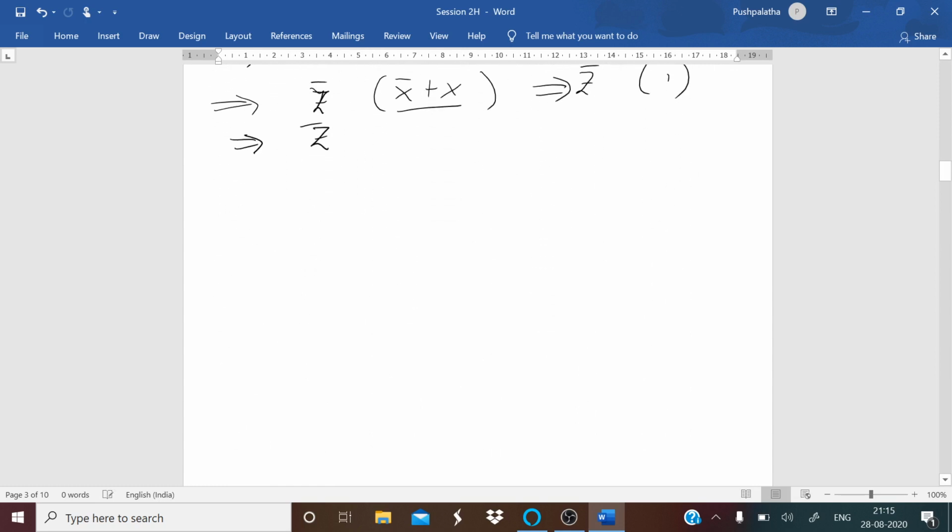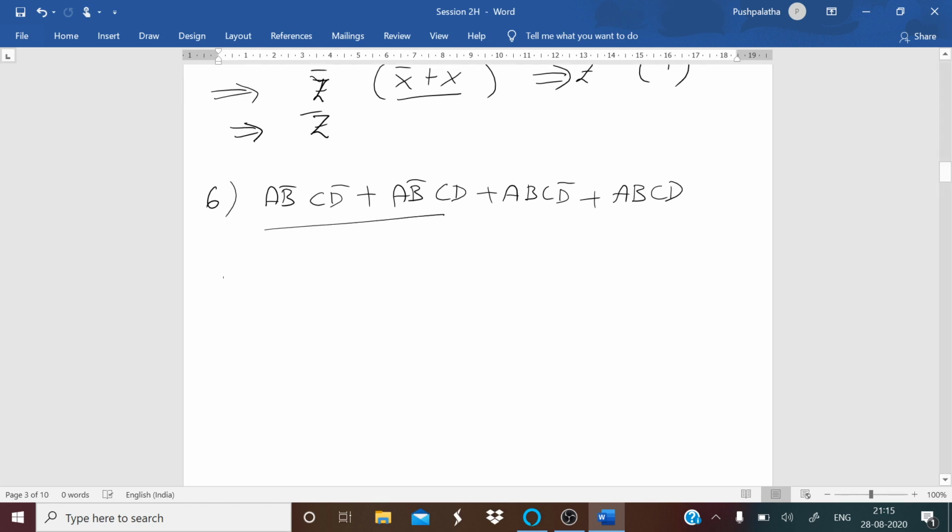And one more sum: a b bar c d bar plus a b bar c d plus a b c d bar plus a b c d. Again, take the common factors, a b bar c.